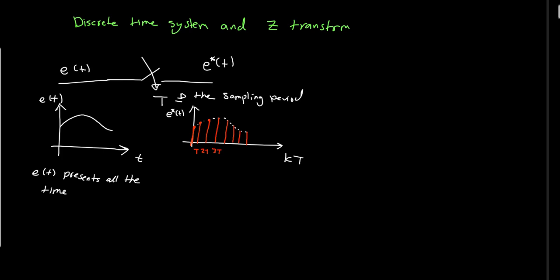It's a continuous time signal, while E star of t, the sampled signal, is known at certain time instants only.